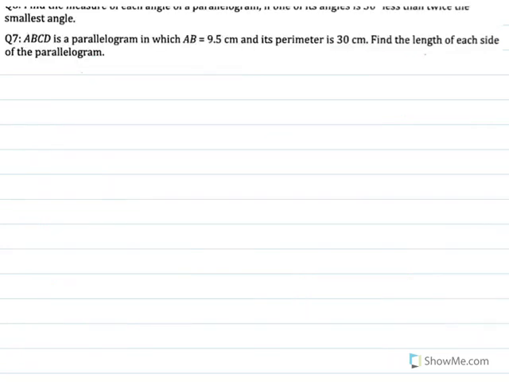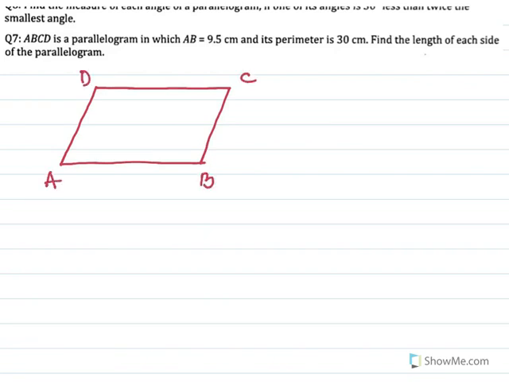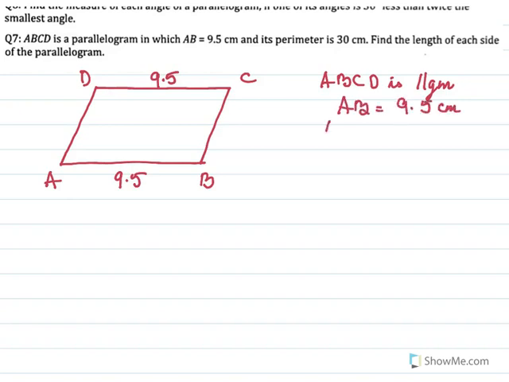ABCD is a parallelogram, so we'll draw that. ABCD parallelogram. So we write ABCD is a parallelogram. AB is 9.5. So if AB is 9.5, DC is also 9.5. So AB is 9.5, given.